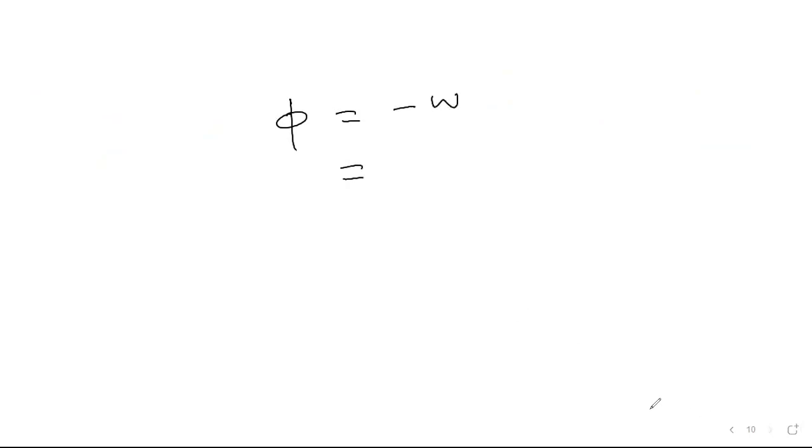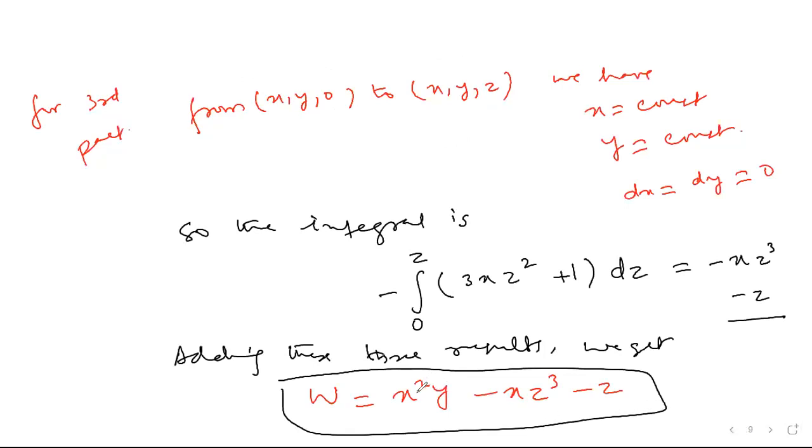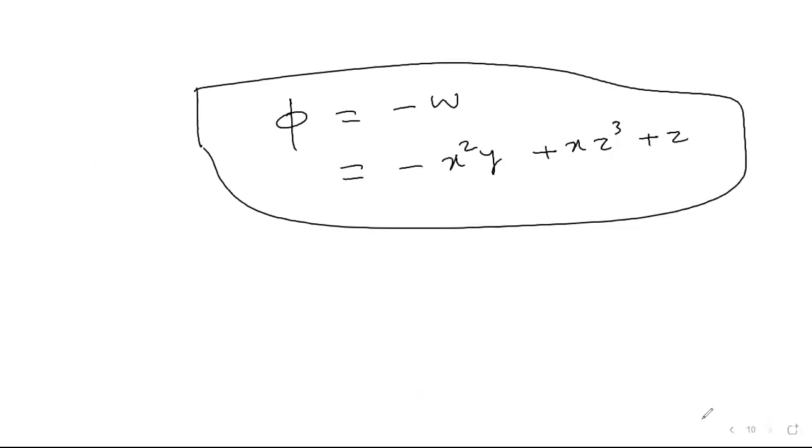So when we multiply w by minus, we get minus x square y plus x z cube plus z. It is just negative times w. This term becomes negative, this positive, this positive. So we get phi equals minus x square y plus x z cube plus z.